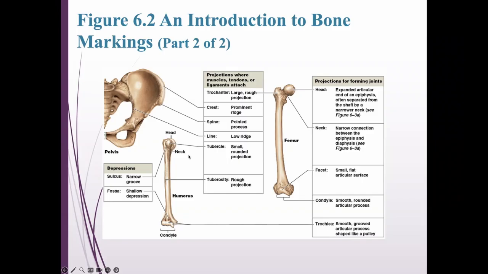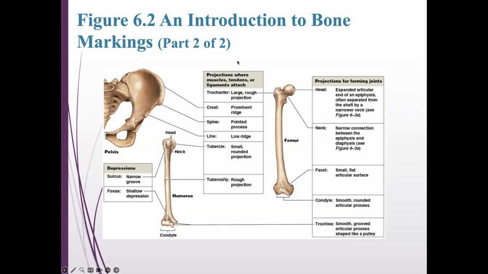So as I look first, let's go through these depressions. So a sulcus is essentially a narrow groove. And so you're going to have a narrow groove in here. That is going to be your sulcus. A fossa is going to be a shallow depression. And so you can see here, right there, that's going to be a fossa.